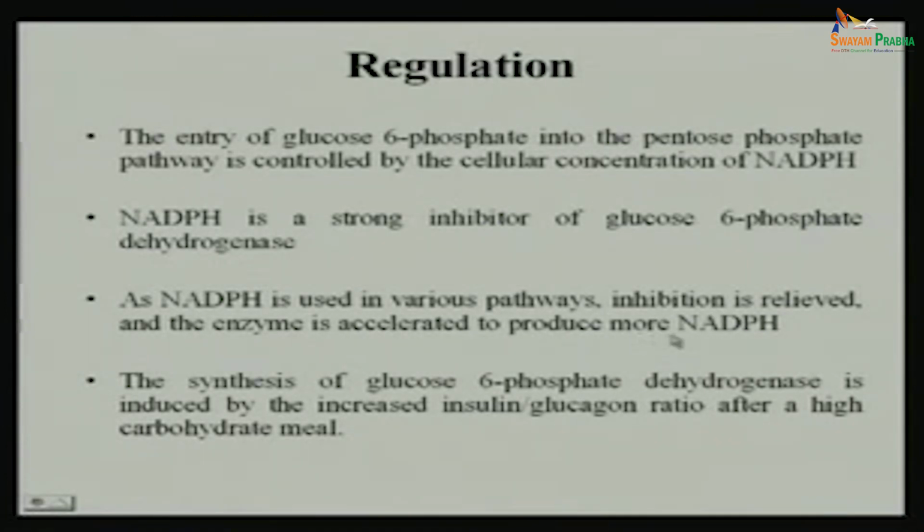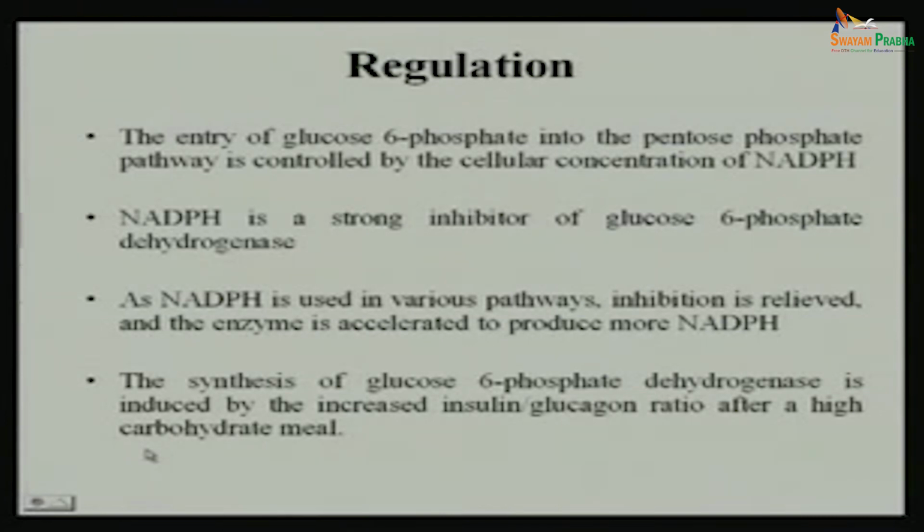The synthesis of glucose 6-phosphate dehydrogenase is induced by the increased insulin to glucagon ratio after a high carbohydrate meal.